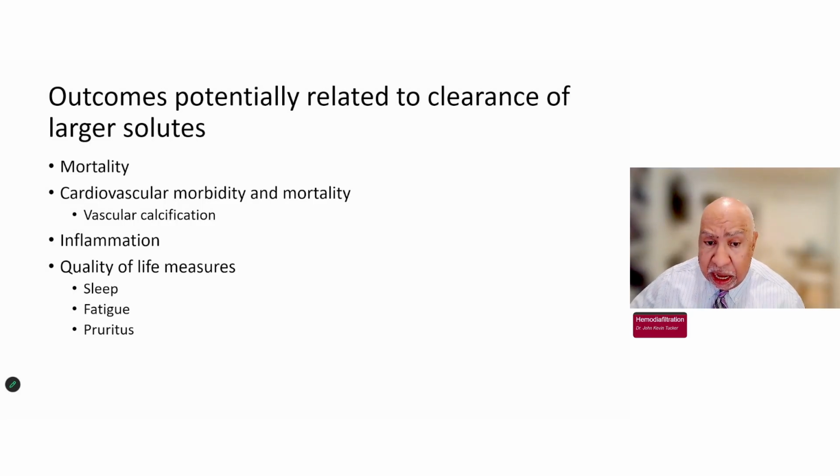Well, mortality is an obvious one. Cardiovascular morbidity and mortality, perhaps related to vascular calcification and inflammation, and then quality of life measures, things like sleep, fatigue, and pruritus, which are very important patient-related outcomes, might be related to the clearance of these larger solutes.